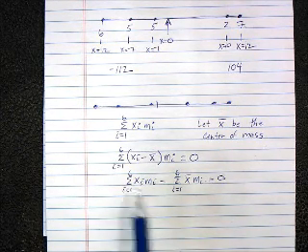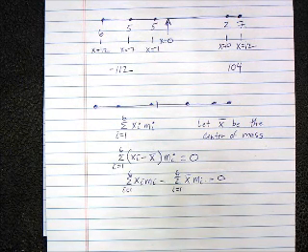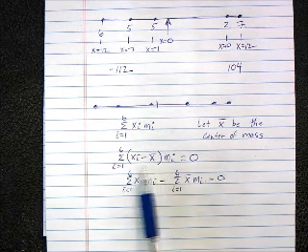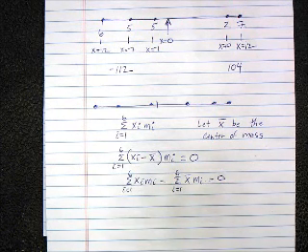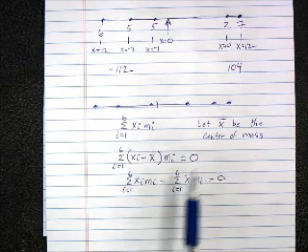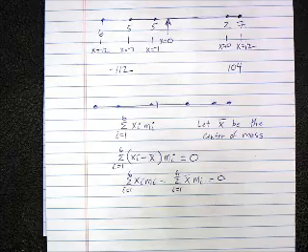So how did I start with one summation and end up with two? I distributed the mi through, and since it's the same summation, I can split it into two summations. I just split it into two things.